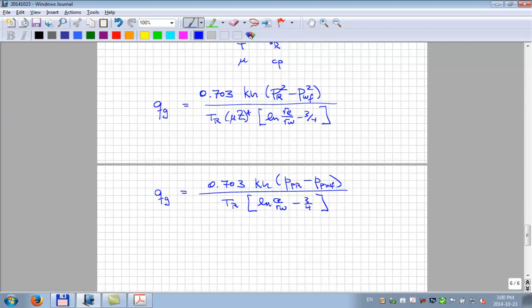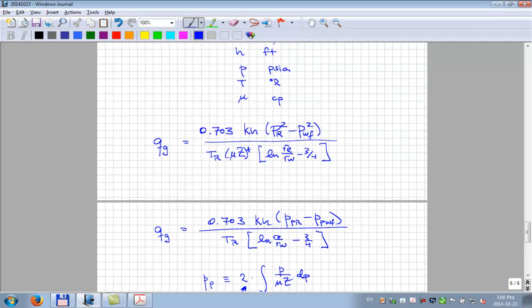He had his number there, and they didn't want him to have to learn a new number. And you could do that if you defined pseudo pressure with the 2 there. So that's why that 2 is included there.